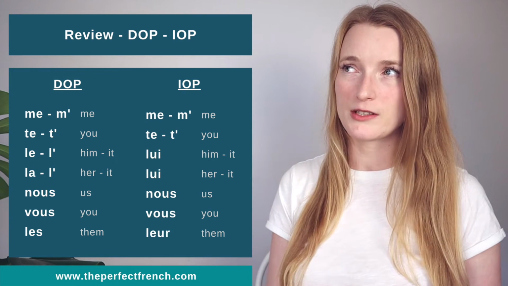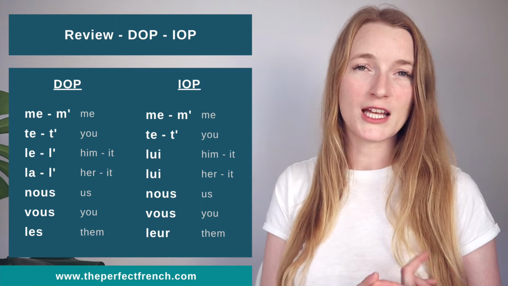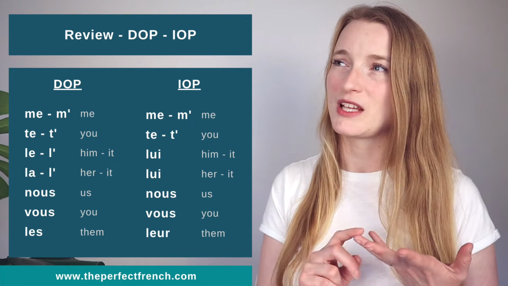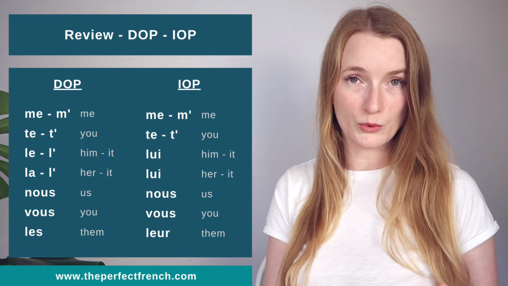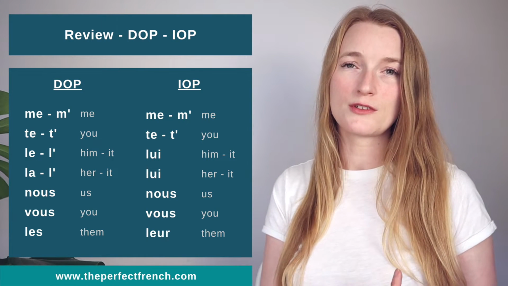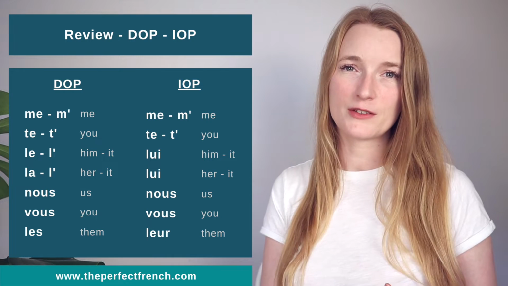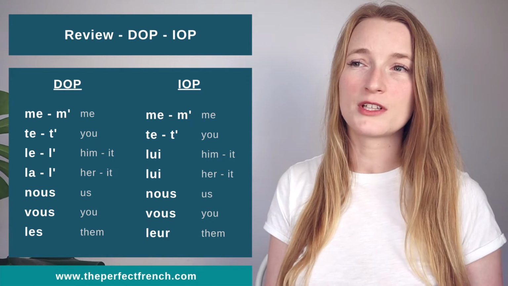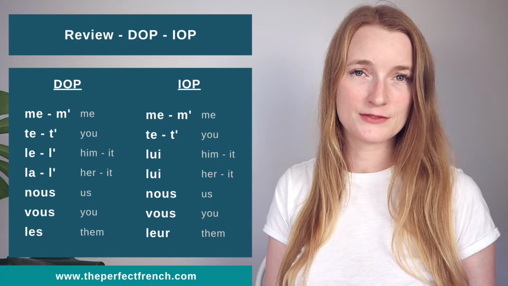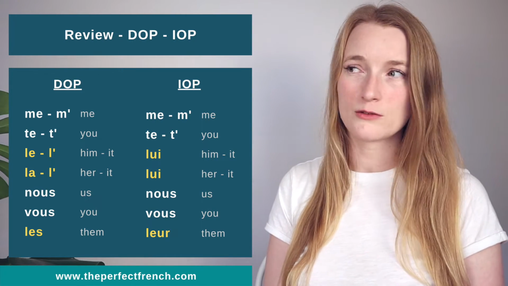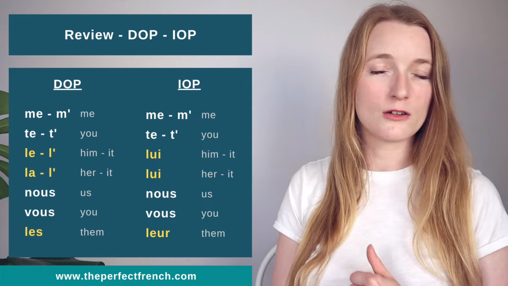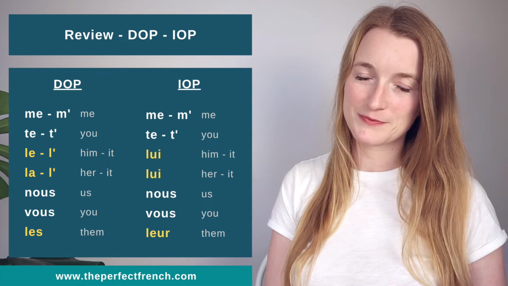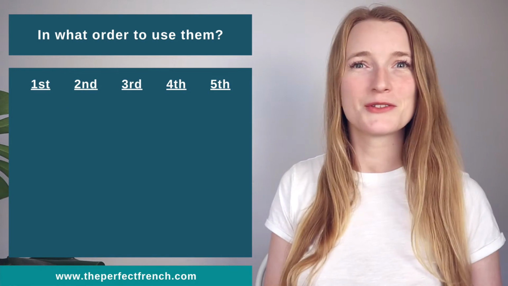And for the indirect ones, we have me, m', te, t', we have lui, again, nous, vous, and leur. So as you can see, me, te, nous, and vous are the same. Only le, la, les, lui, and leur change.